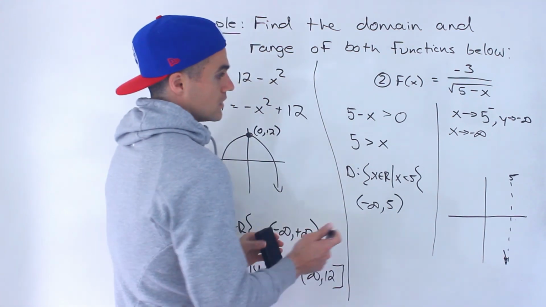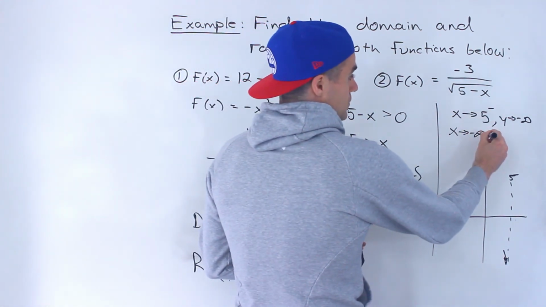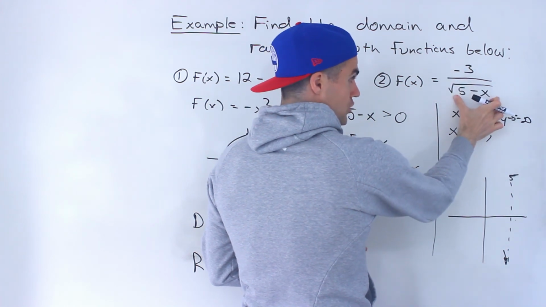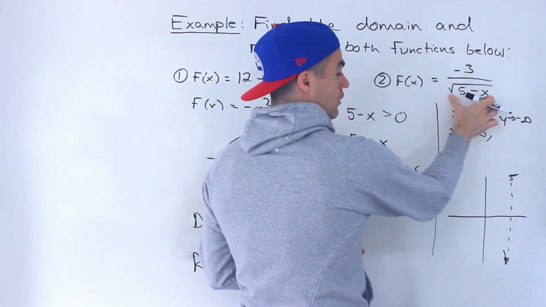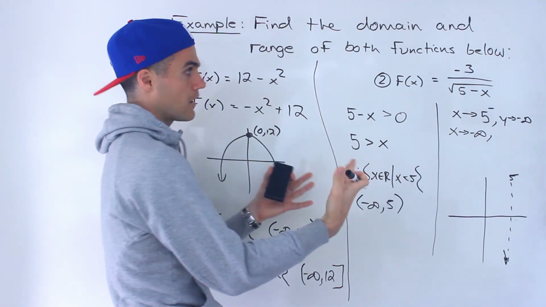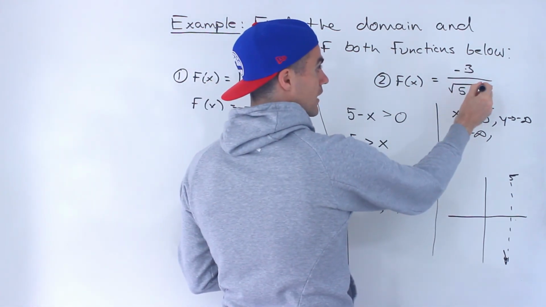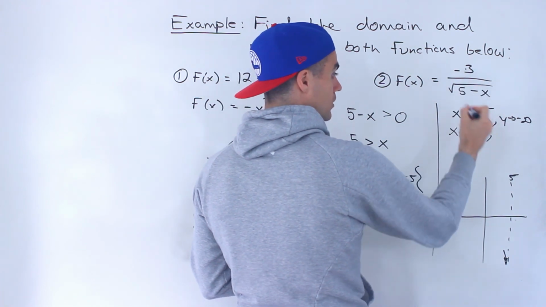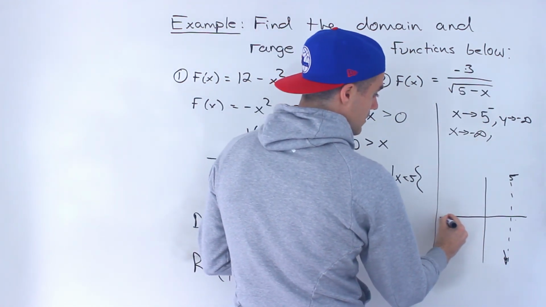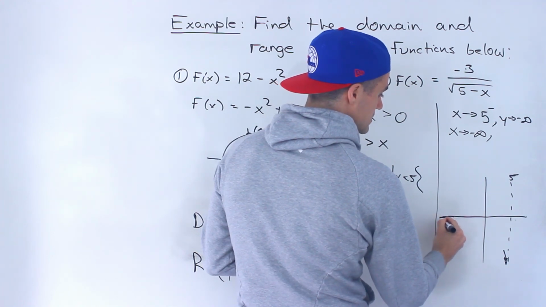As x goes towards negative infinity, we end up with a very large number there. The square root of a very large number is another very large positive number, and negative 3 divided by a very large positive number gives us 0. So the y values are approaching 0.